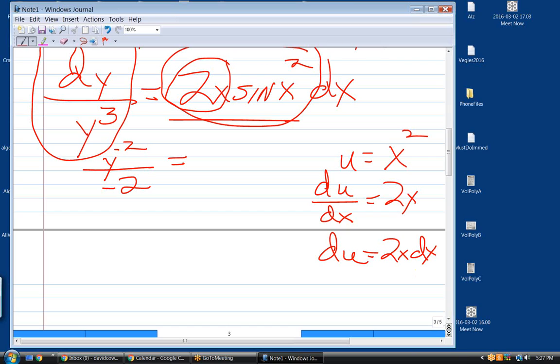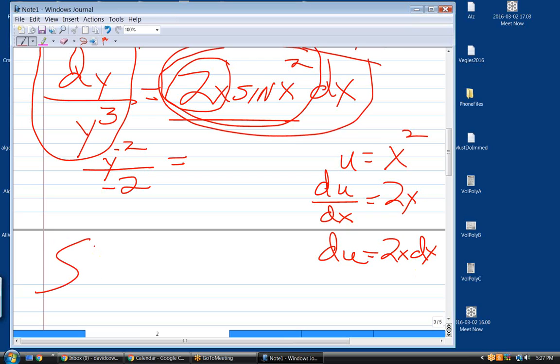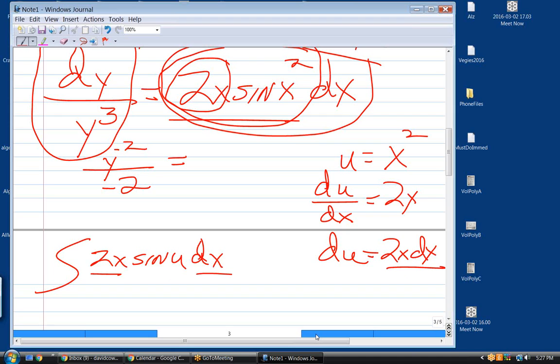Now, if you look at this expression, I can turn that entire integral into an integral of U. I've got 2x sine of, instead of x squared, I'm going to write U. I still have a dx. Well, see that 2x and that dx? That's equal to du. It doesn't cancel, it's replaceable by du.